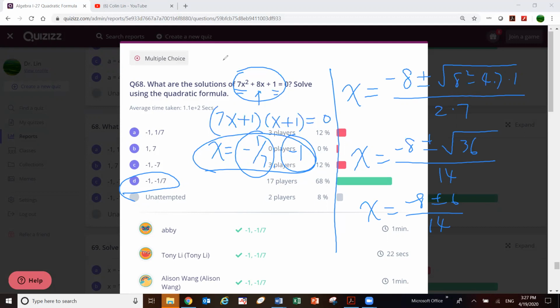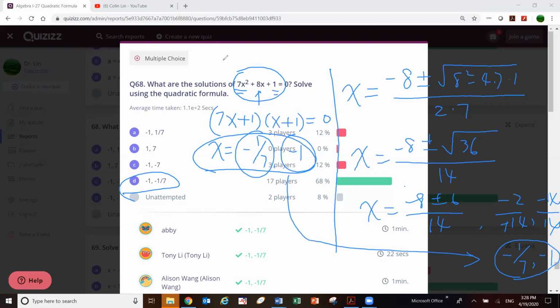If positive, it is negative 2 over 14, so we get negative 1 over 7. If negative 6, it is negative 14 over 14, so it's negative 1, right? So the answer should be the same.